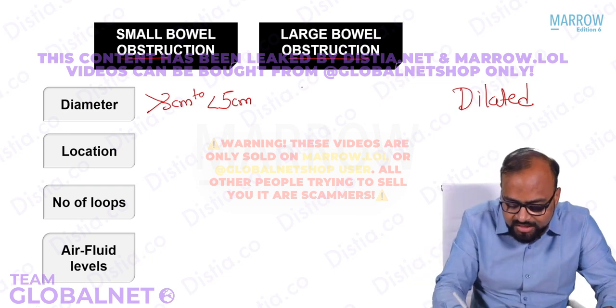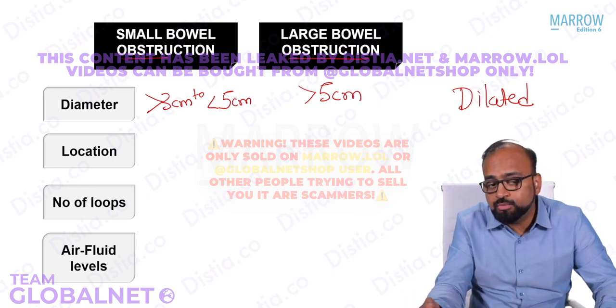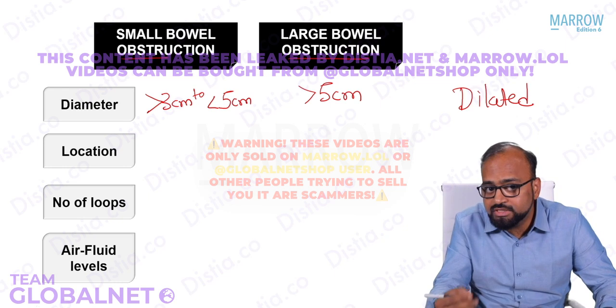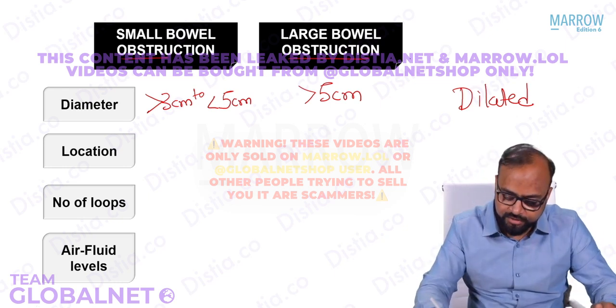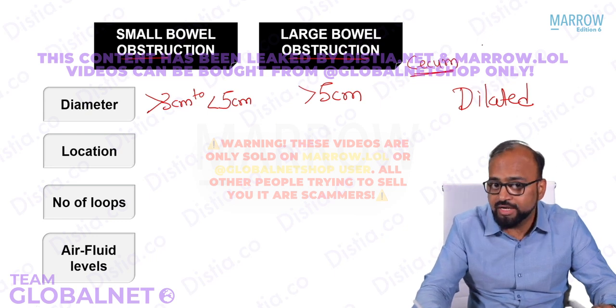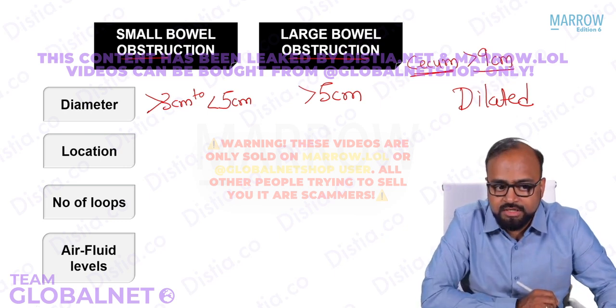Large bowel is dilated when the diameter is usually more than 5 centimeters. This does not apply to the cecum though, because the cecum can normally be dilated up to 8 to 9 centimeters. So specifically, the cecum is called dilated when its diameter is more than 9 centimeters. Remember, this applies only for the cecum.